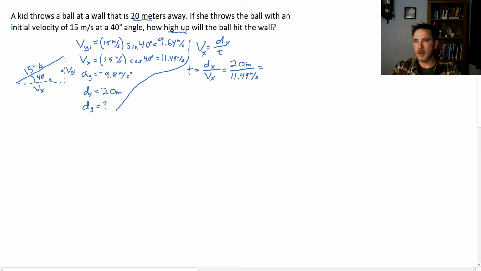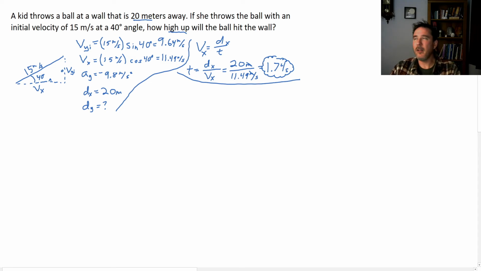The meters cancel out, leaving seconds on the bottom of the bottom, which just means it comes to the top. When we put that in the calculator, we get 1.74 seconds. I like to put a little fluffy cloud around that because it is important, though it is not our final answer. We're going to use that momentarily because now we have time.